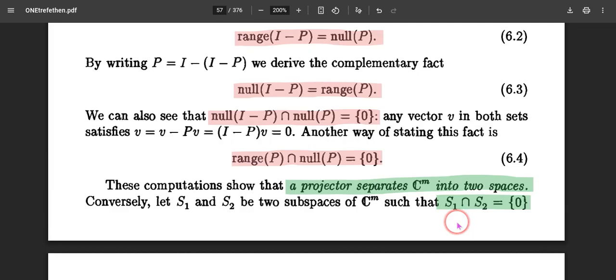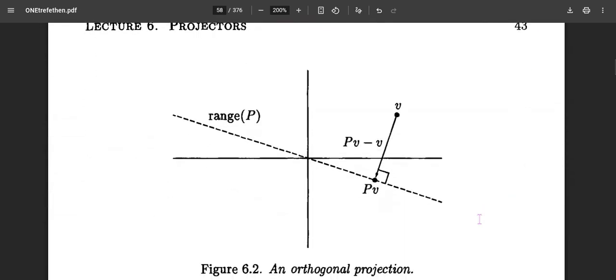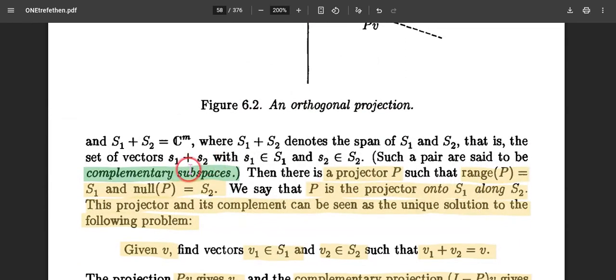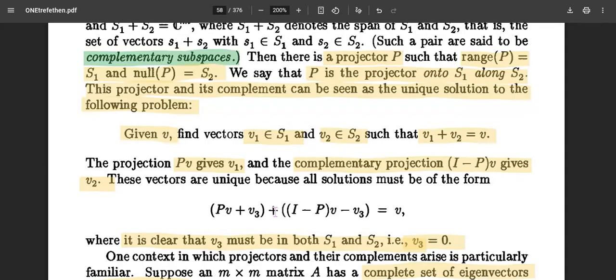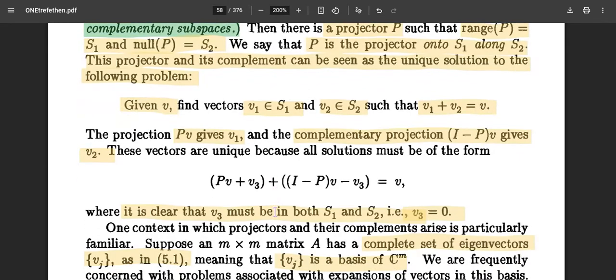One is S1, based on the projector P, and the other is S2, which is complementary, based on Pv minus v, that is, the range of I minus P. These are the complementary subspaces S1 and S2: S1 is the range of the projector P, and S2 is the null space of P, which is the range of I minus P. This is the concept given by the projector. Any space of C^m can be segregated into two complementary subspaces S1 and S2.